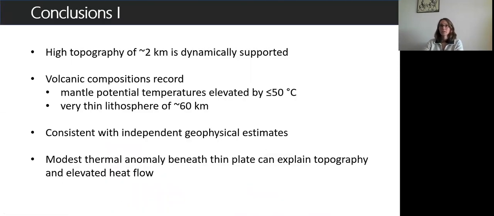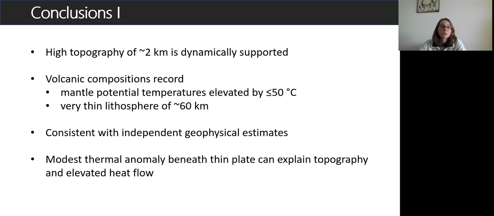So just to summarize this part, we've got elevations of about 2 kilometers in the west of the continent that seem to be dynamically supported. And you can use the trace element composition of volcanic rocks in the region to work out mantle potential temperatures, which seem to be elevated by up to 50 degrees.